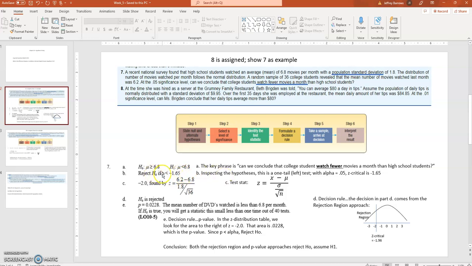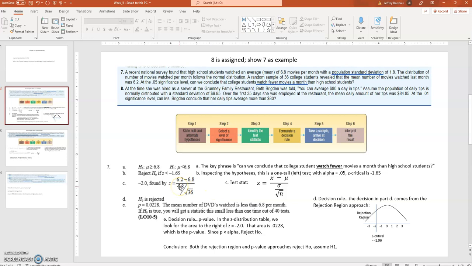We would reject the null hypothesis if the test statistic is less than minus 1.65, which corresponds with your level of significance of 0.05. So again, to go along with part B, by inspecting the hypothesis, this is a 1 tail left test, and I explained that simply by looking at the alternative hypothesis. And with an alpha value of 0.05, the z-critical value is minus 1.65.